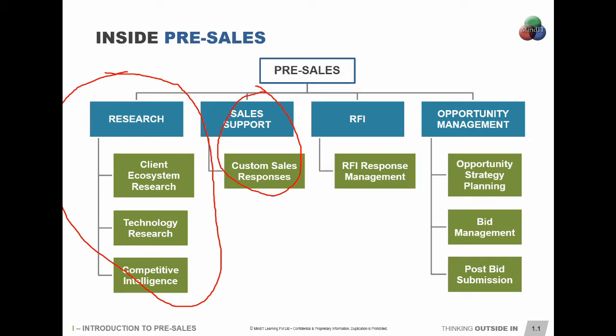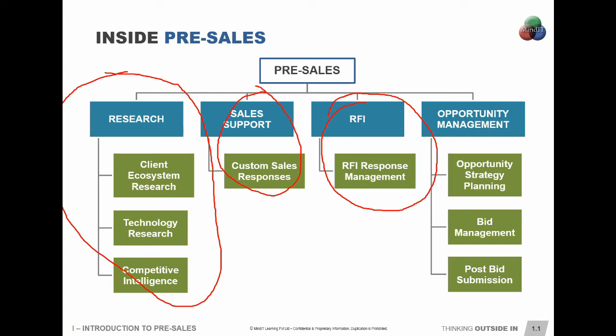The third area is in responding to requests for information. I've categorized it separately because RFI responses typically are different from RFP responses, and I would say they are a shade lower than RFP responses.